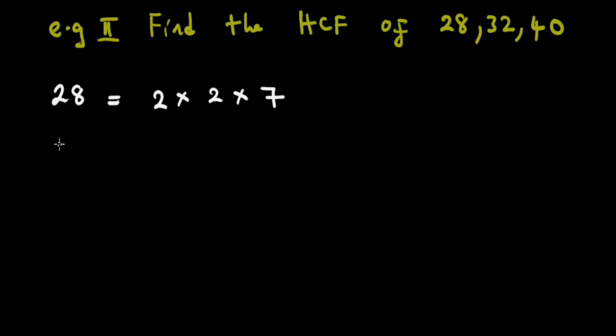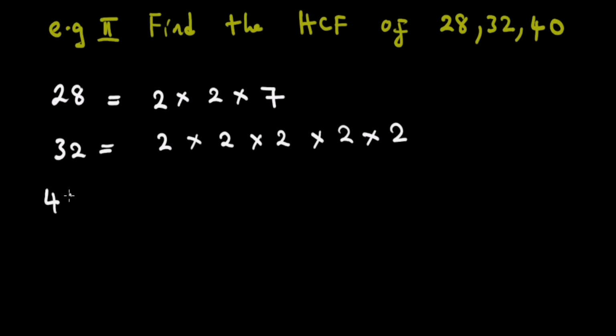Then 32 is equal to 2 times 2 times 2 times 2 times 2. Then 40 is equal to 2 times 2 times 2 times 5.